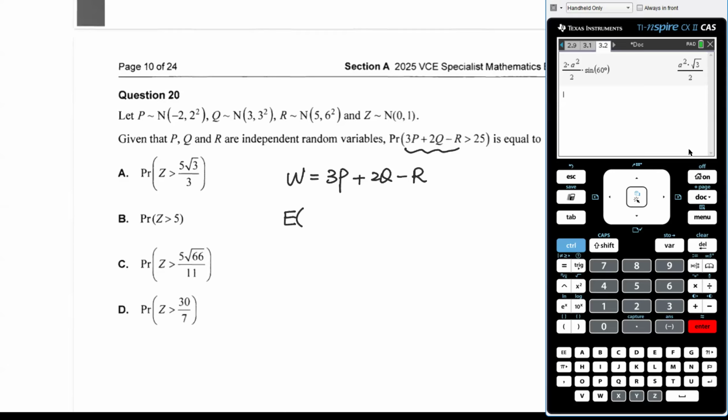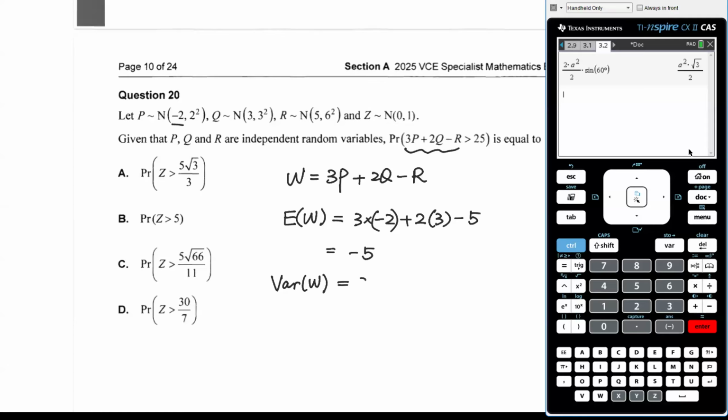First thing is we need to find the combined expected value or combined mu. So 3 times negative 2 plus 2 times 3 plus, actually this is negative 5. So you will get minus 5. And watch out for the variance. This time it's a linear combination involving some dilations.